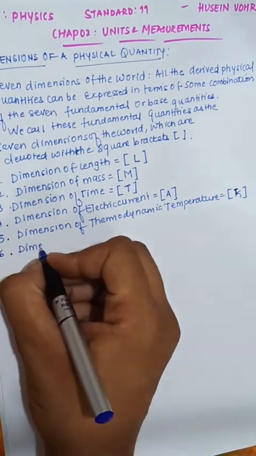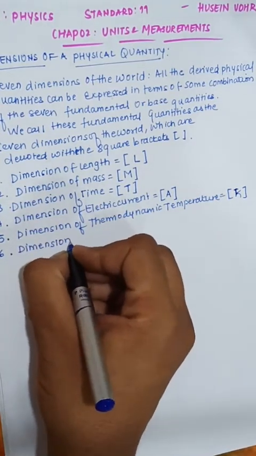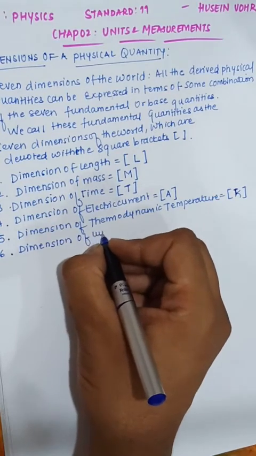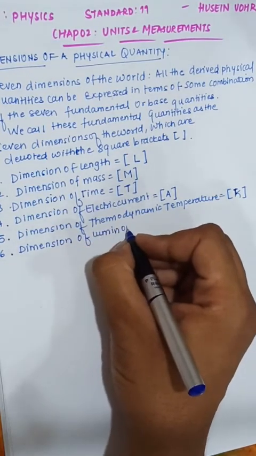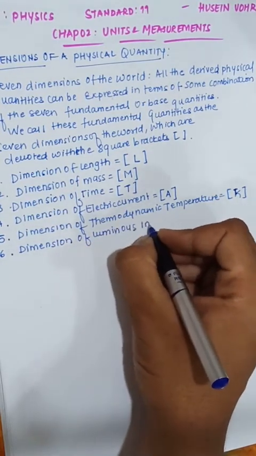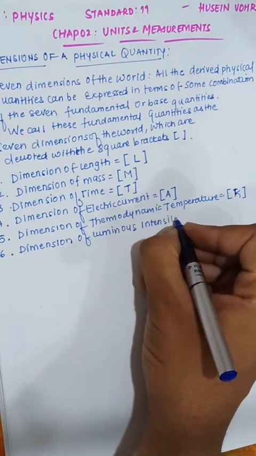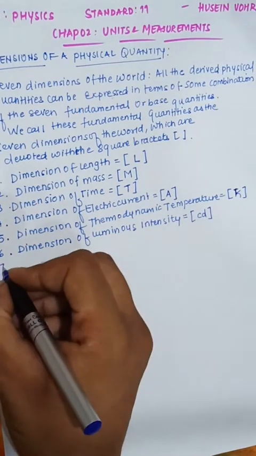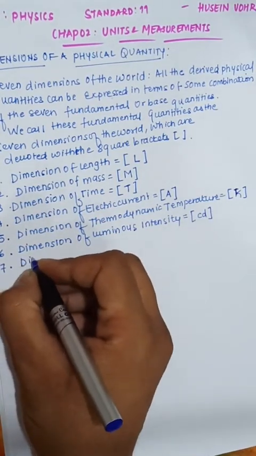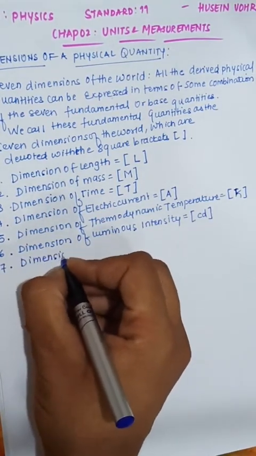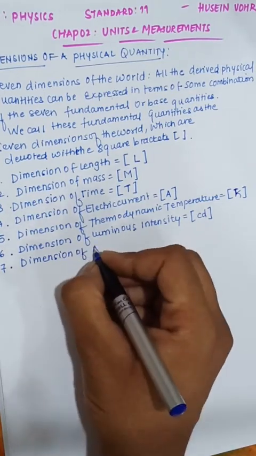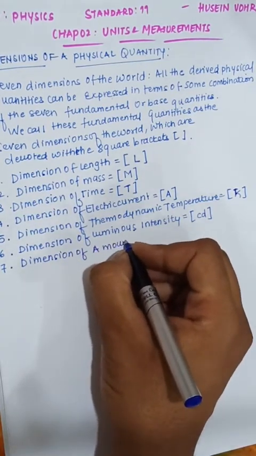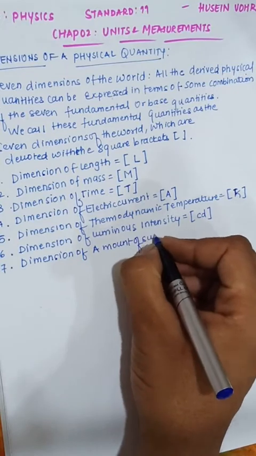Next, dimension of luminous intensity, named after the scientist Candela, CD. Seventh, dimension of amount of substance.